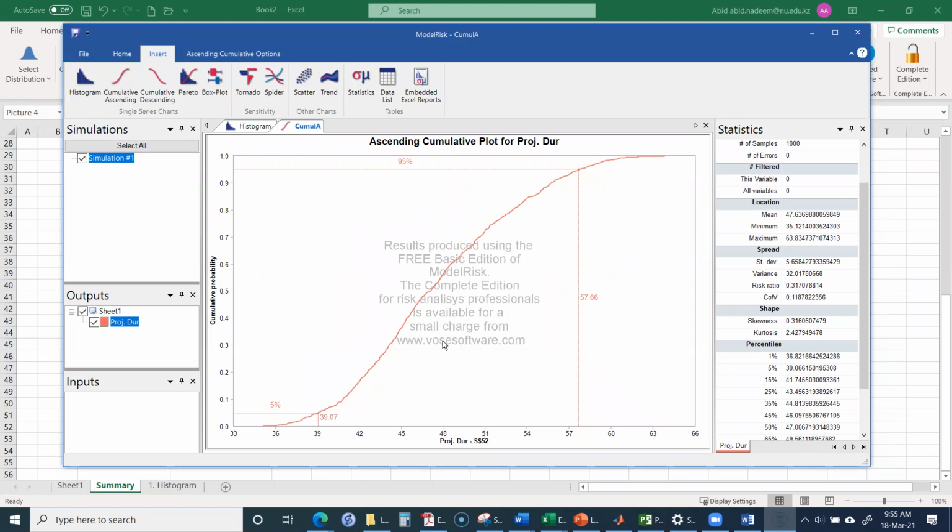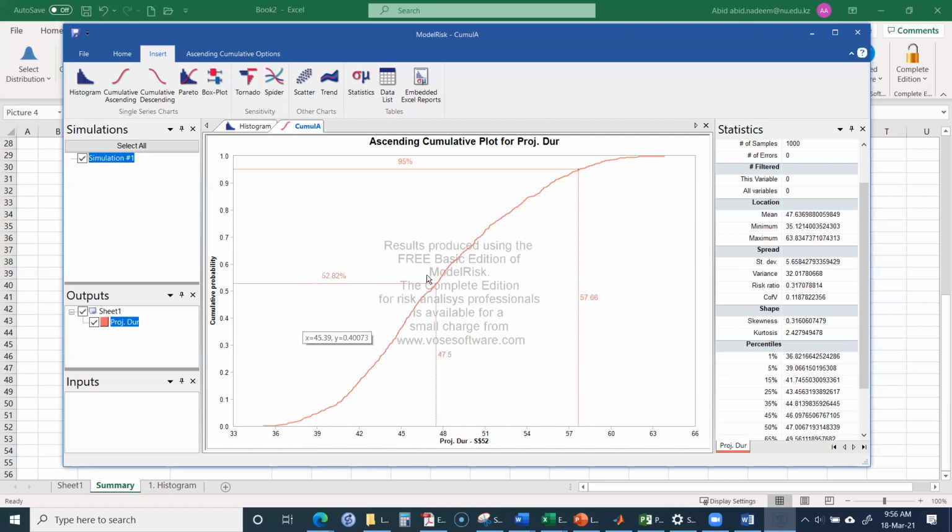So in this case, for example, if you just move this data, then it will also show you some values. For example, it will show you that at 6.9% over here, you get a value of 39.56%. So that means there is a 6% chance that the project duration will be 39.58 days or less. So this view you can also look at over here, okay?